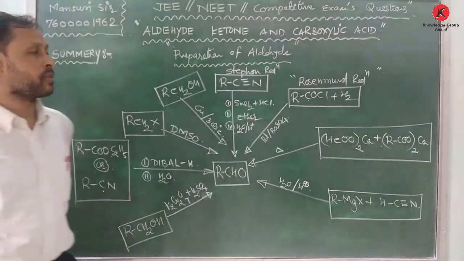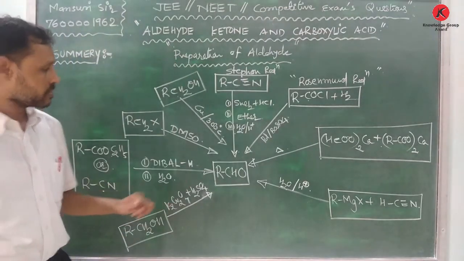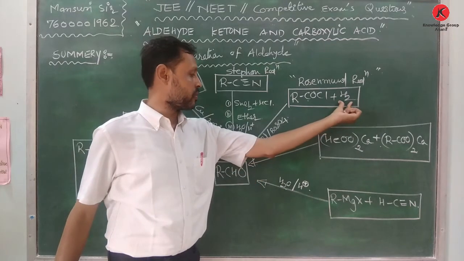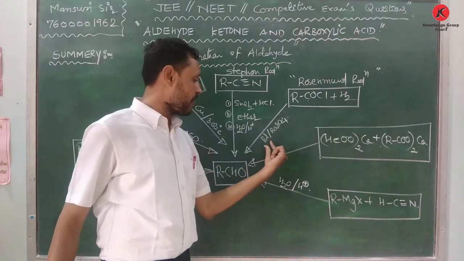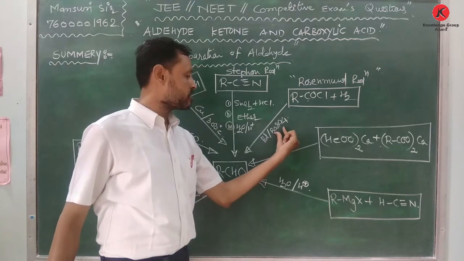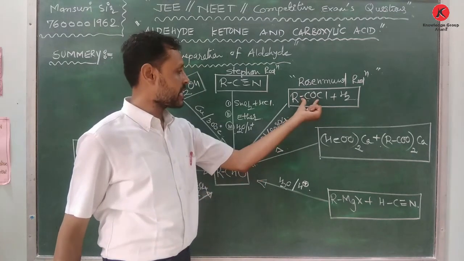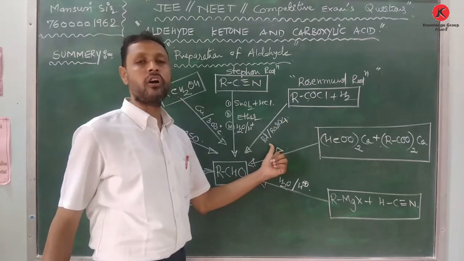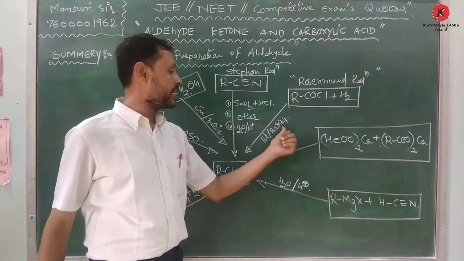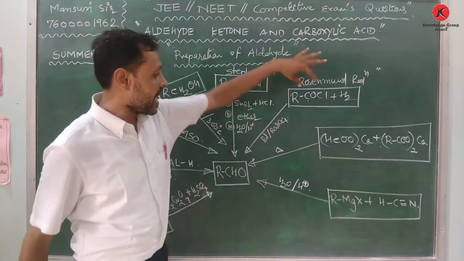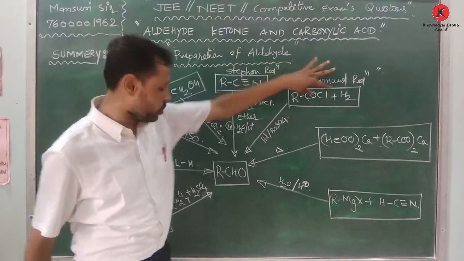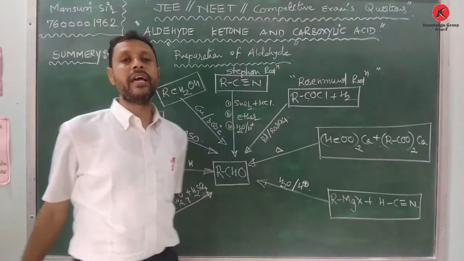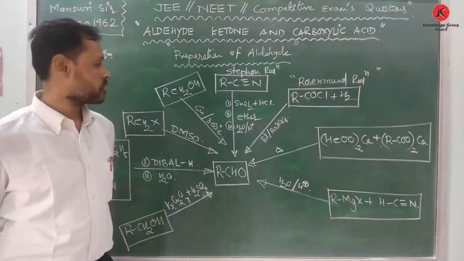Like this we are moving on to the Rosenmund reaction. Now what is the Rosenmund reaction? When acyl chloride reacts with hydrogen gas in presence of palladium metal and barium sulfate, then the acyl group is converted to aldehyde. This phenomenon is known as the Rosenmund reaction.